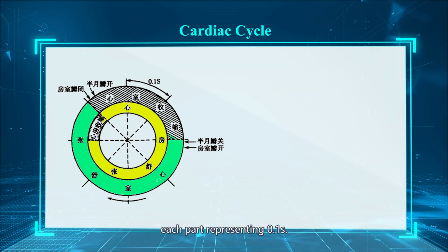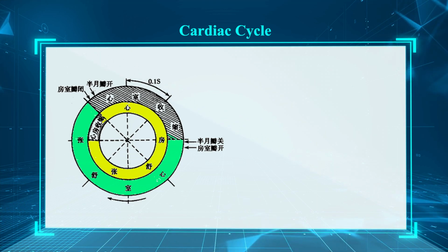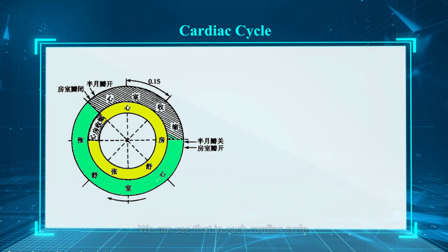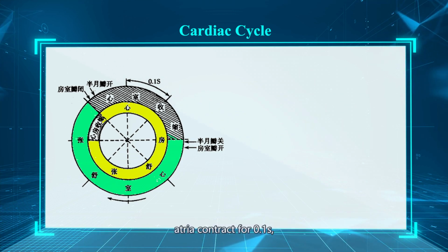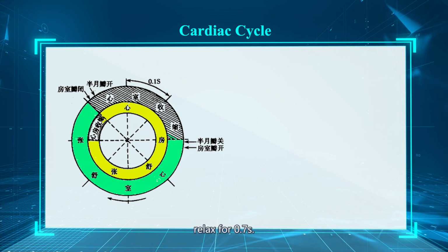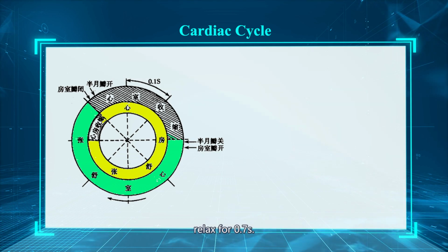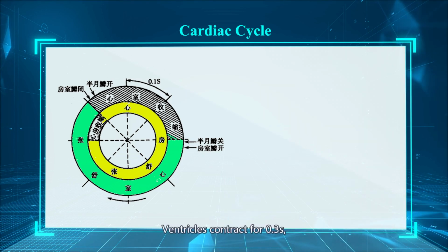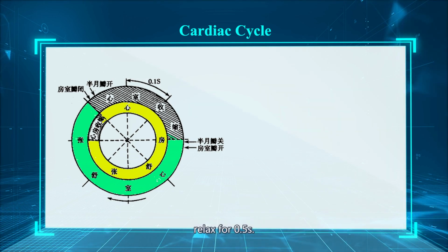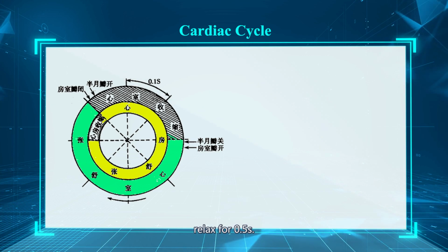Each part represents 0.1 second. We can see that in each cardiac cycle, atrial contracts for 0.1 second, relaxes for 0.7 second, ventricle contracts for 0.3 second, relaxes for 0.5 seconds.